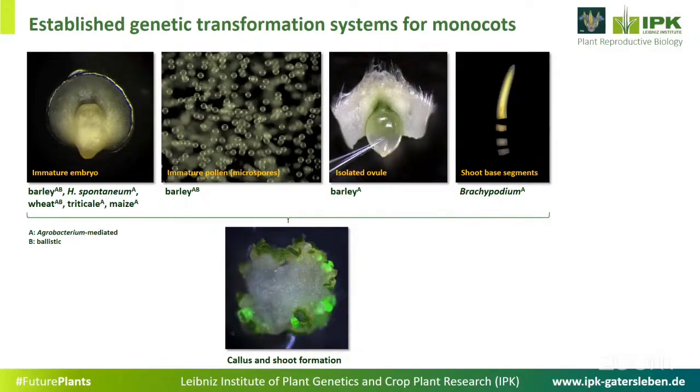Under these pictures, I have indicated in which species we are capable of using these methods. The capital letters A and B indicate whether we can do it using Agrobacterium or the ballistic method, where we shoot gold particles coated with DNA into the cells.